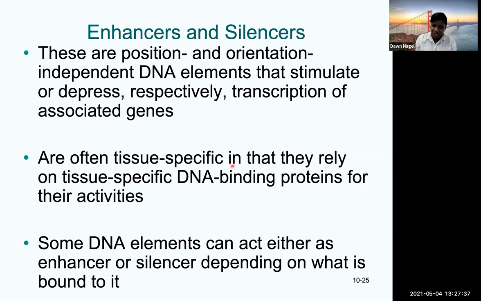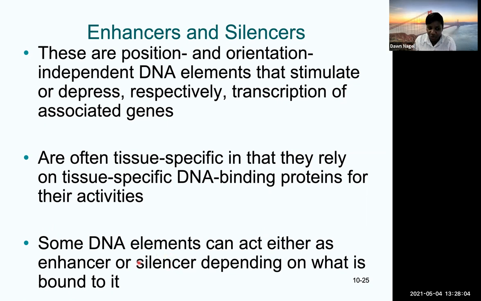They're often tissue specific, because they tend to regulate processes that are happening in specific tissues. So you need to enhance or repress transcription depending on what tissue type you might be looking at. Depending on the element, they can act as either an enhancer or a silencer, depending on what protein is bound to it.